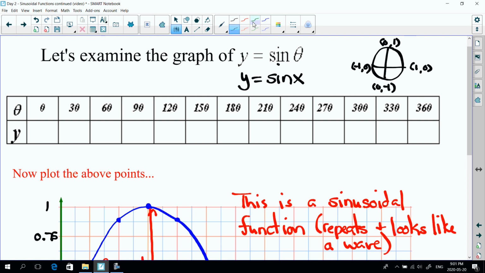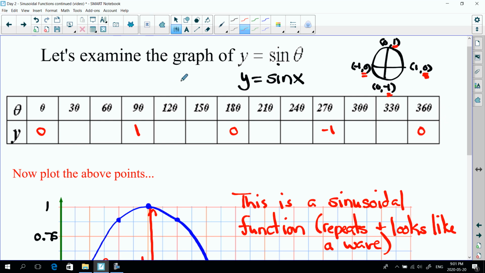Remember, the sine value is the y coordinate. So it would be these y values right here. 0 degrees, the sine would be 0. 90 degrees, the sine would be 1. 180 degrees, the sine would be 0. This would be 270 degrees, the sine would be -1. And then 360 degrees, the sine would be 0.